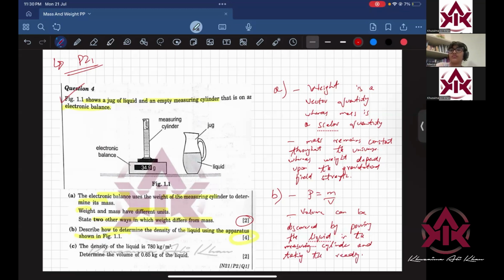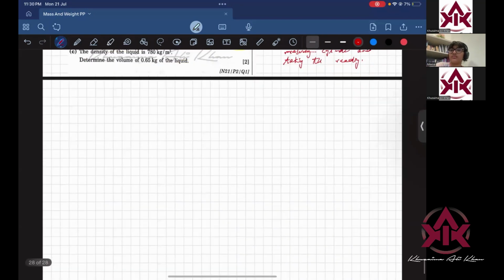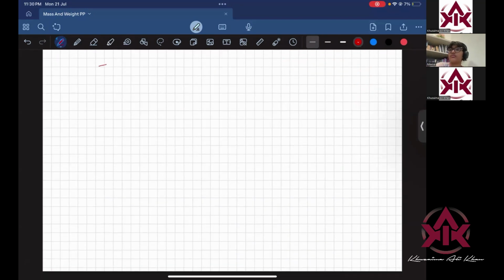And then the third point is how would you find out the mass? Measure the mass of the empty cylinder and then measure the mass of the cylinder and liquid.